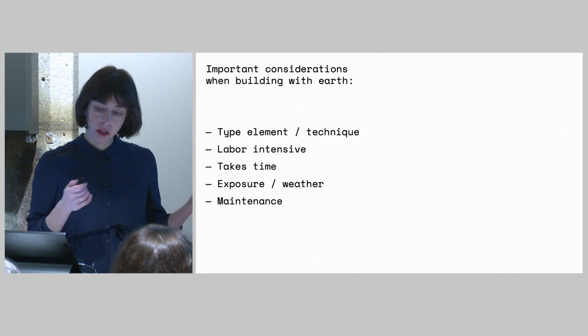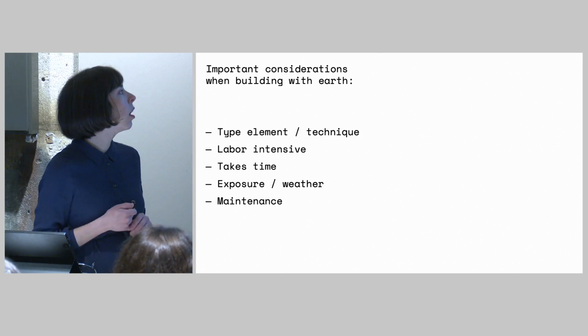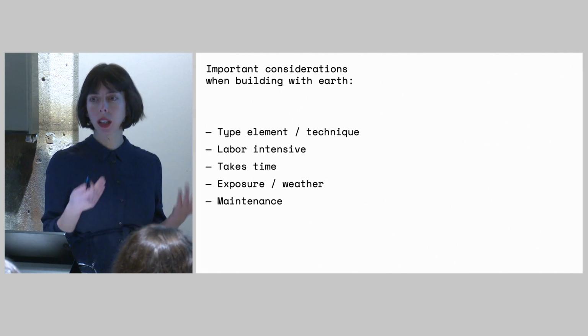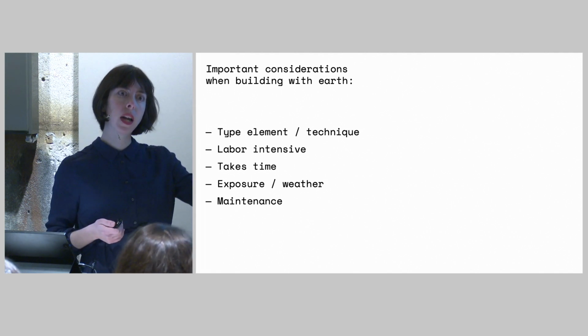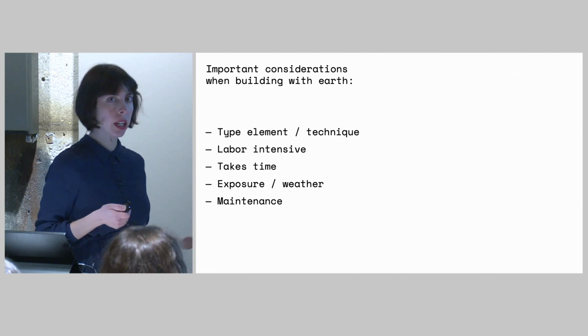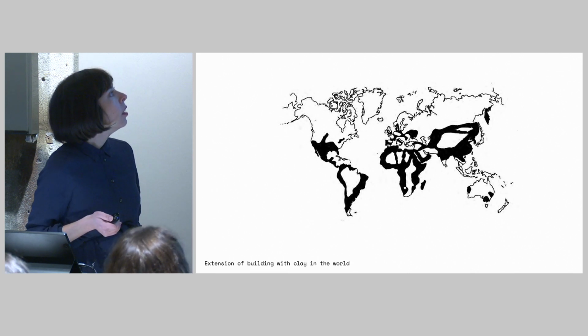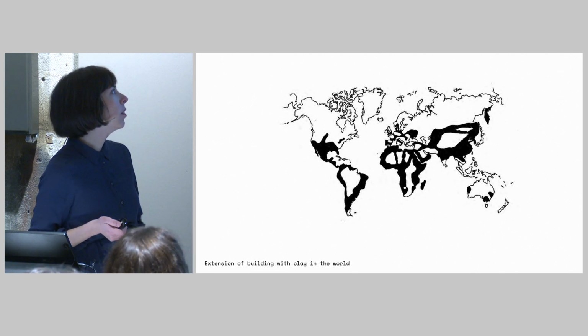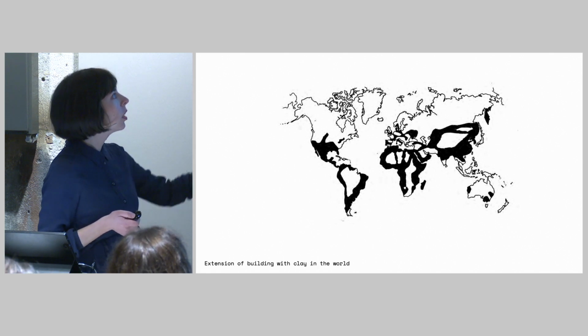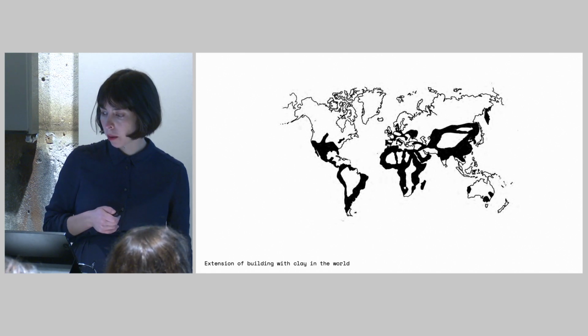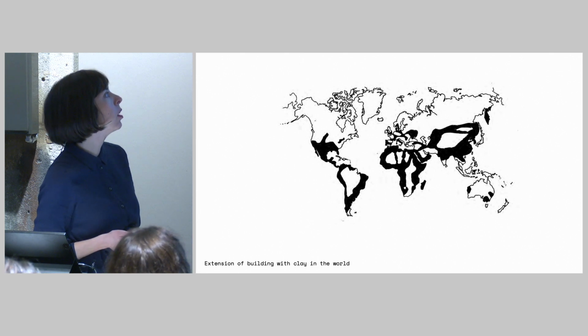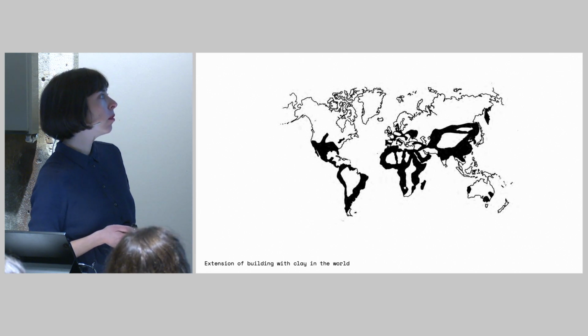One has to consider how we will be exposed to what type of weather, and also plan ahead, thinking about maintenance. And again, to remember, it really is found everywhere. It's a very common material.